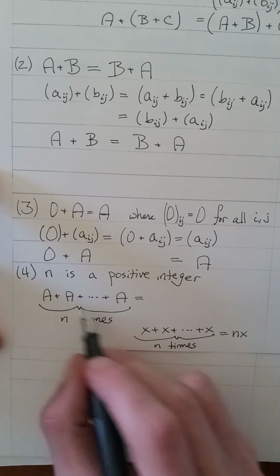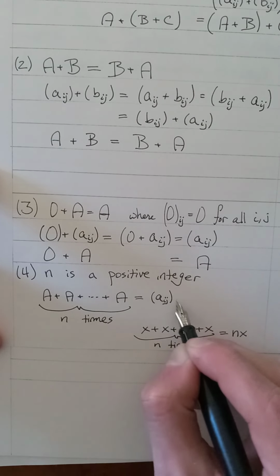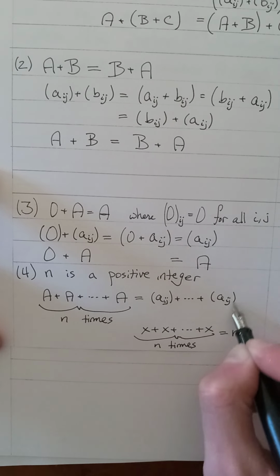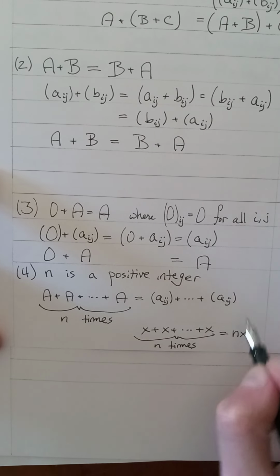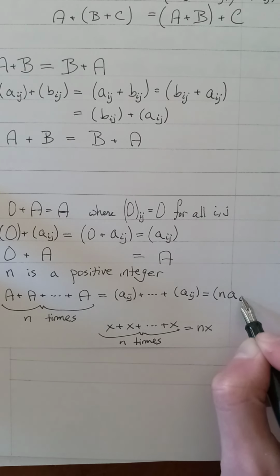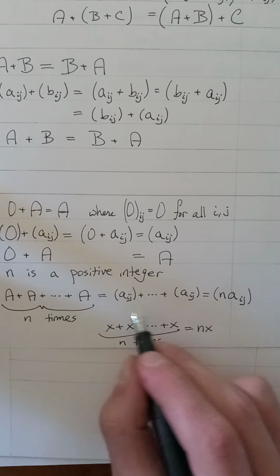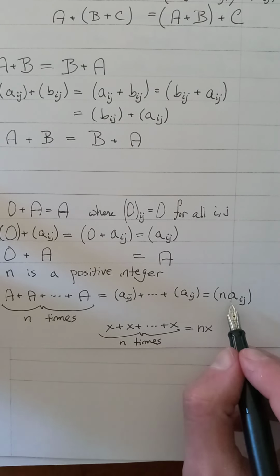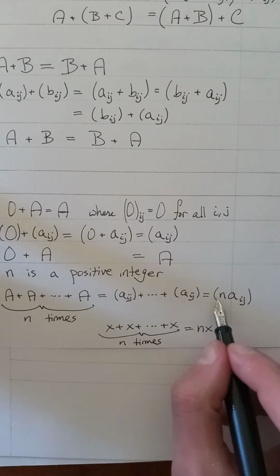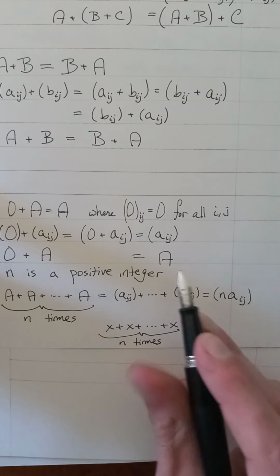And if we unfold this using the components, well, then we just have this for each component, multiplying every component n times. So we're adding the matrix A to itself n times. It's the same as multiplying each component of A by n.